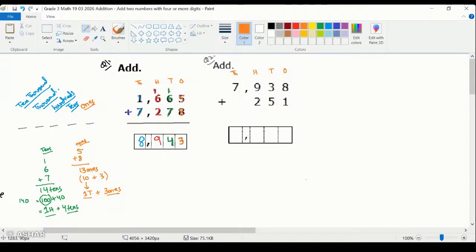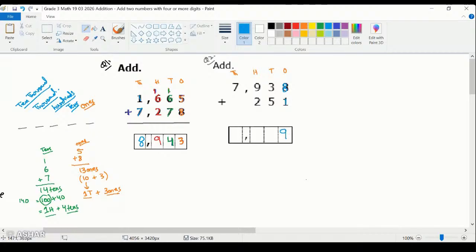Precious, how would we solve this? What is 8 plus 1? 8 plus 1 would mean we have 9 ones.